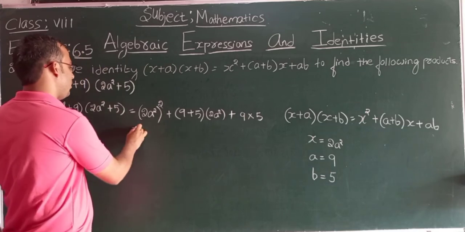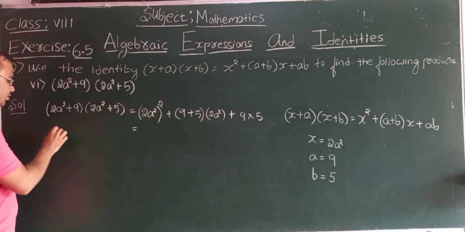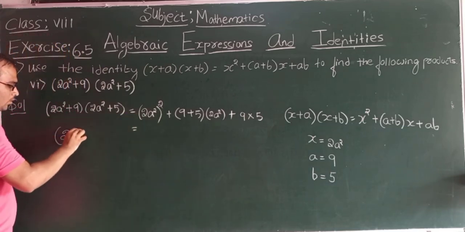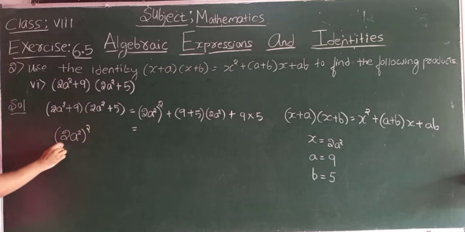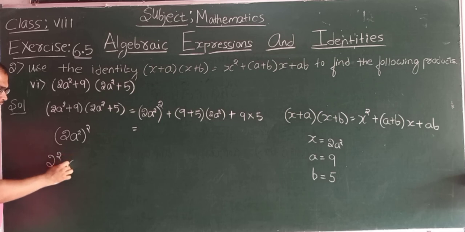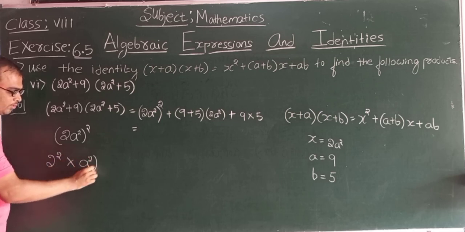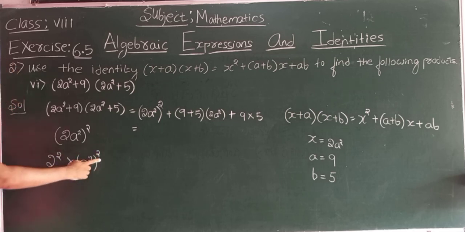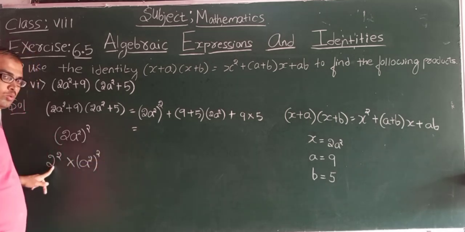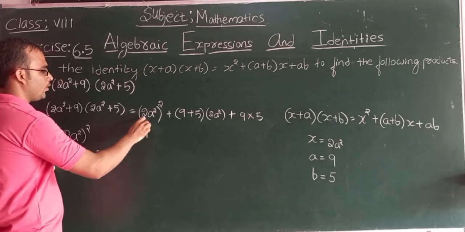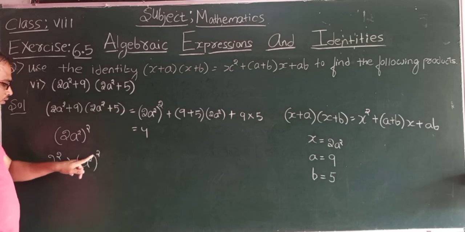Now look here, students. 2a square whole square means you need to square 2 as well as you need to square a square also. So this will be 2 2s are 4. Next, here a to the power, here also 2 2s are 4.